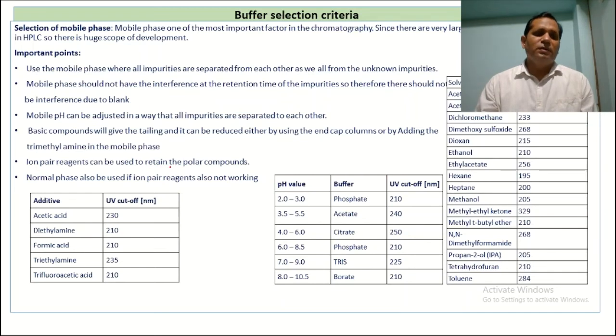So now, anionic ion pairs like octane sulfonic acid, heptane sulfonic acid, pentane sulfonic acid, hexane sulfonic acid have the sulfonic acid group in their structure.